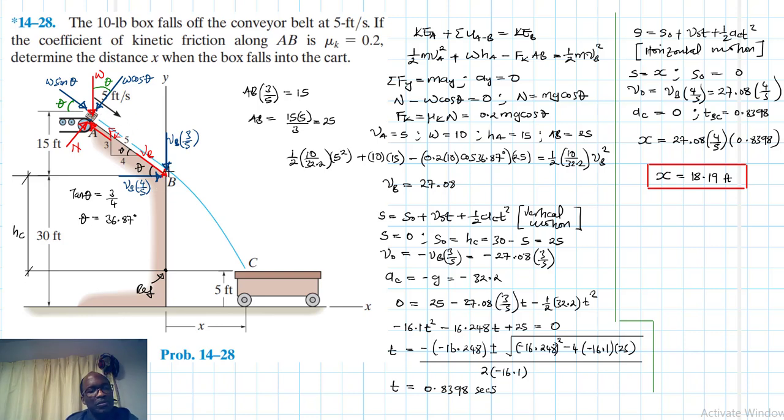To make it simpler, you can just consider from B to C because you already have VB. Then use principle of work and energy here, work done due to the weight, and then later on we can work it out here so that you find the final velocity at C. But that was not part of the question. Those are things that you can do on your own.